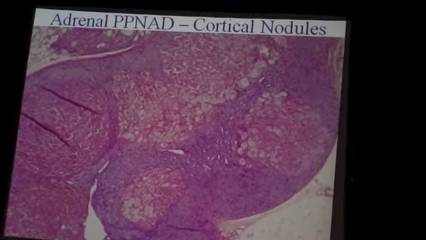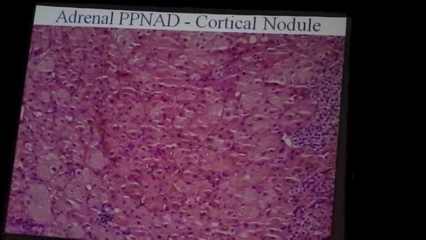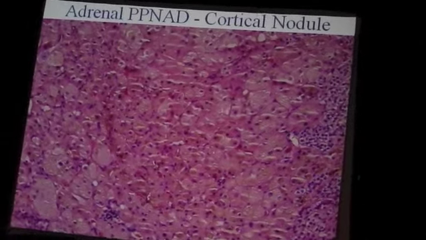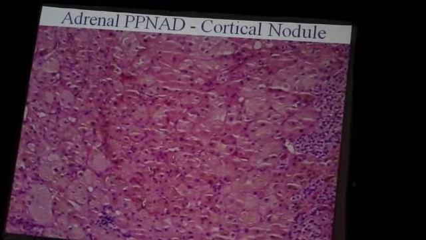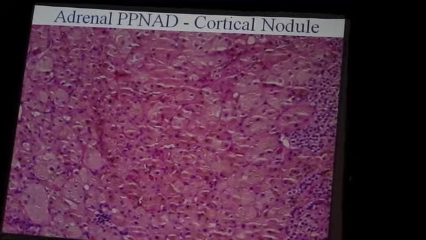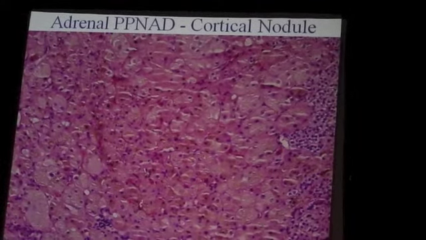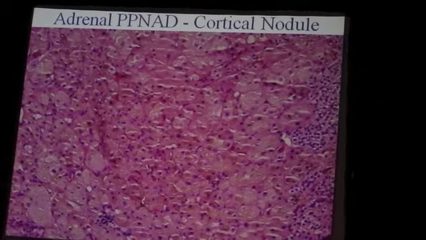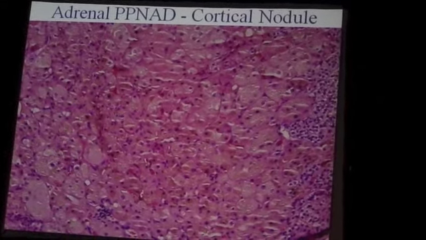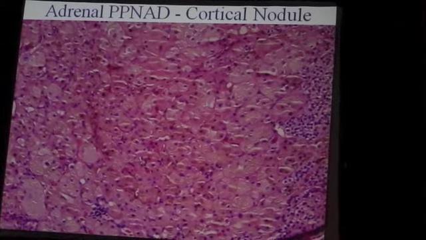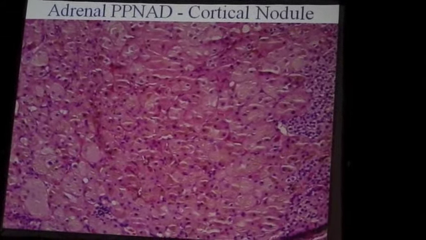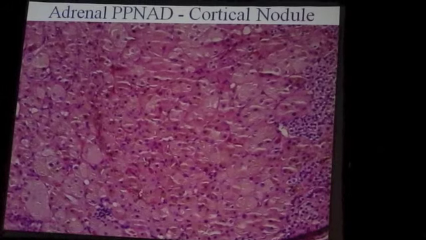So that's one of the features that one sees with these slightly enlarged adrenals in a patient with PPNAD, as it's called. This is a higher view showing the cells, and they should remind you of the zona reticularis cells within the adrenal, that one has the lipofuscin pigment that's seen in that inner zone, the sex steroid-producing zone of the adrenal. Nevertheless, it's glucocorticoids and Cushing's that these patients have, and it can be very difficult for the endocrinologist to diagnose.